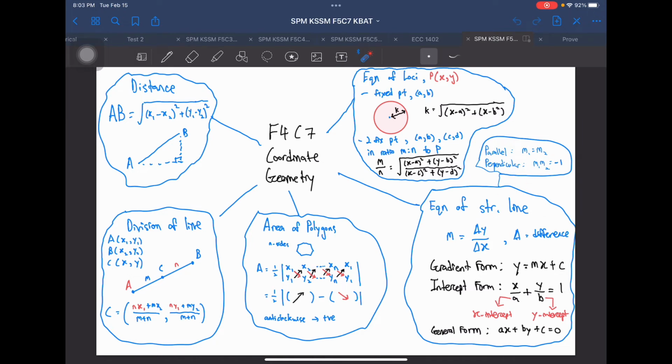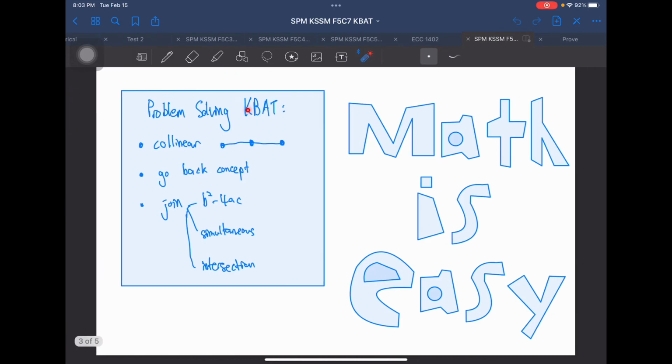One tip about solving KBAT questions in SPM is that you must know these terms. Sometimes the question might say that 3 points are collinear, or 4 points, but what it means is that the points are in a straight line. So what is meant by a straight line?